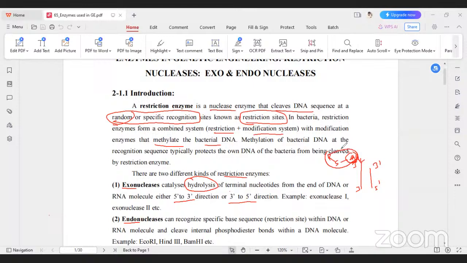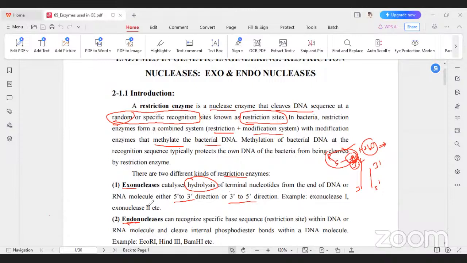This is called a nucleotide. So this terminal site, whether it is 3 prime or 5 prime, with the help of water is separated. So that is the exonuclease.